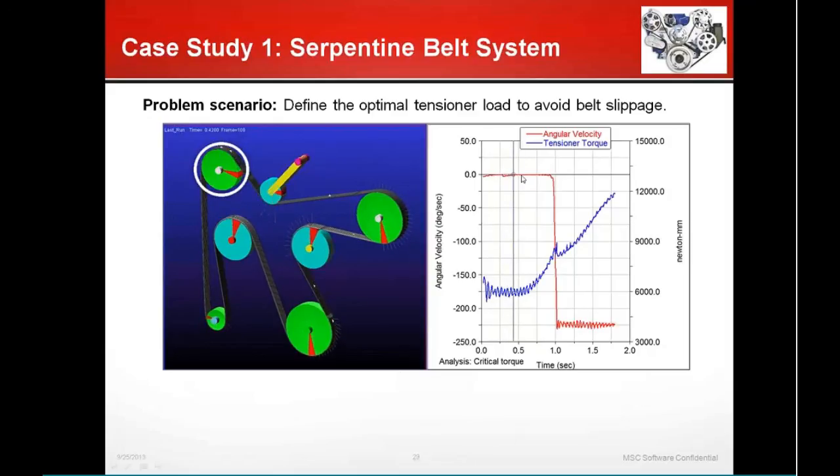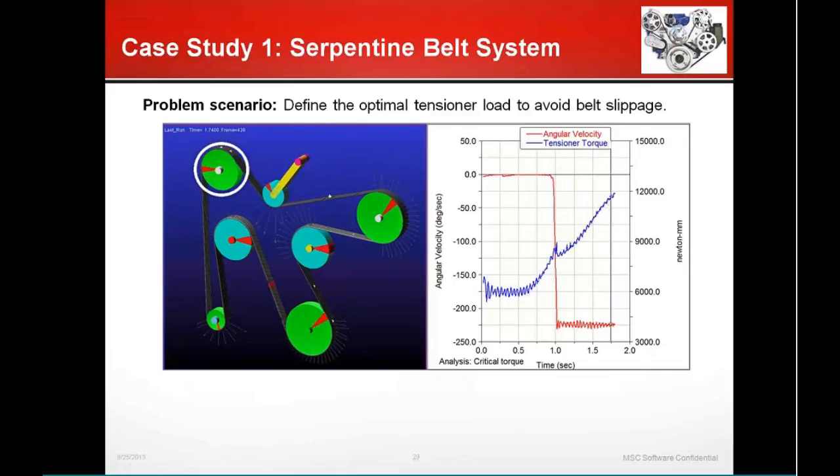It increases from 0 to about minus 225 degrees per second, which means this is the critical point where there's sufficient load to drive the whole system.